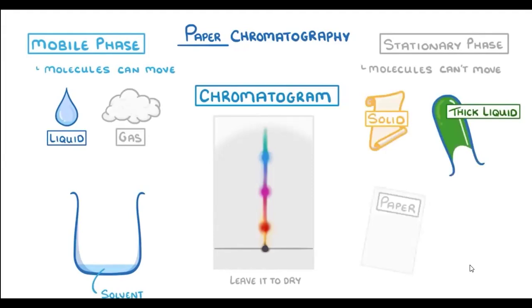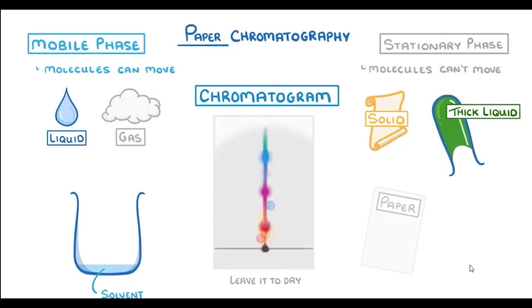During the chromatography experiment, the different chemicals in our sample of ink will constantly change between the mobile and stationary phases, dissolving in the solvent, moving a little bit, and then binding to the paper, over and over again.